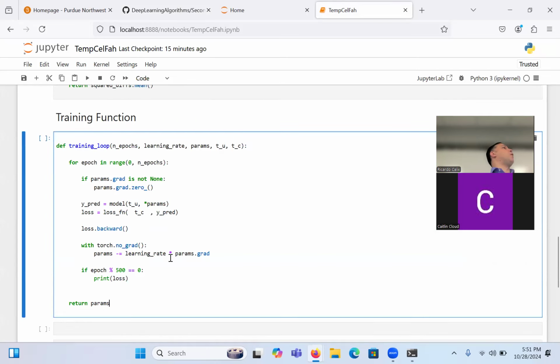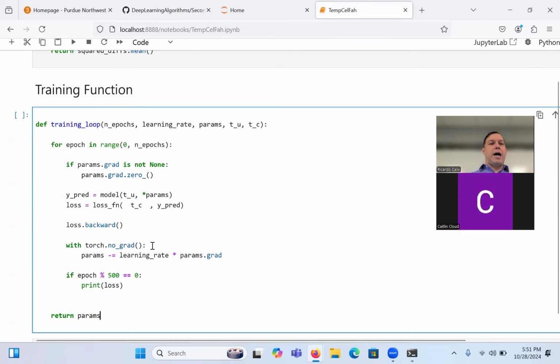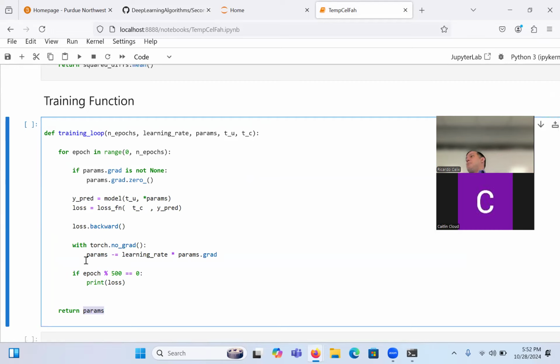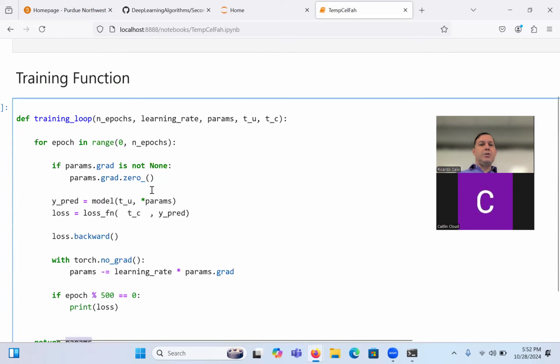It's the same as before, but just a little bit more detail here. All right, so let's take a look at it. So this is the training loop. Notice that what the training loop will return is actually the parameters. Which parameters? W and B of the linear model that we're trying to train. You see? So let's look at the logic.